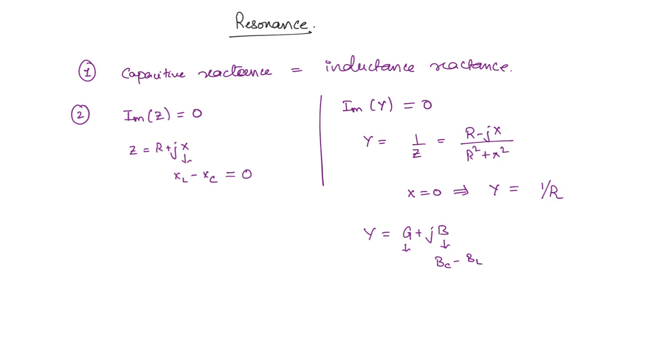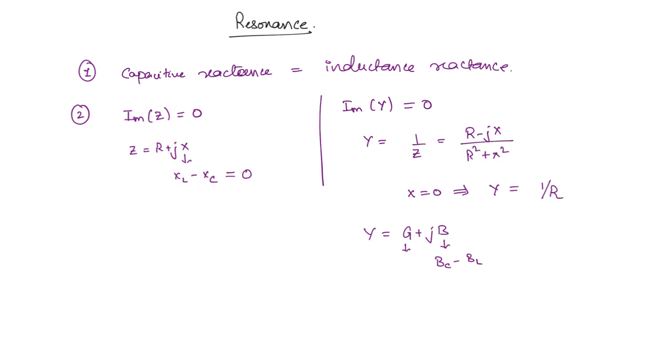You can verify. 1 by j omega C is XC, so it will be minus j by omega C, so that is negative. If you invert that, j omega C will be the susceptance, which is positive, and the inductive susceptance is going to be minus j by omega L.